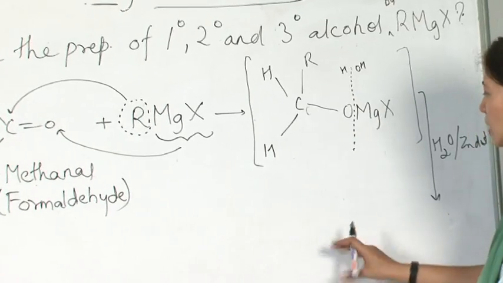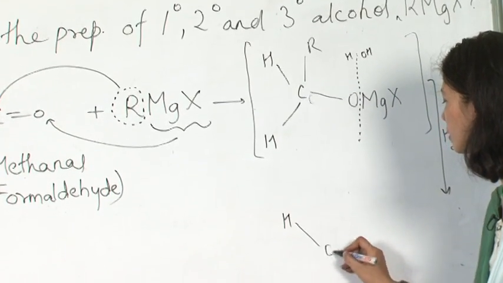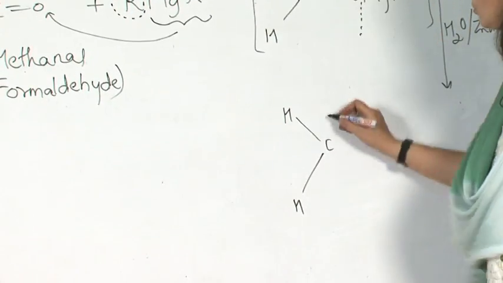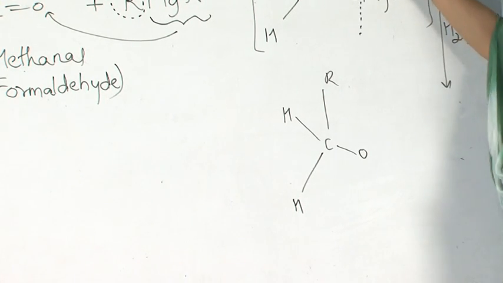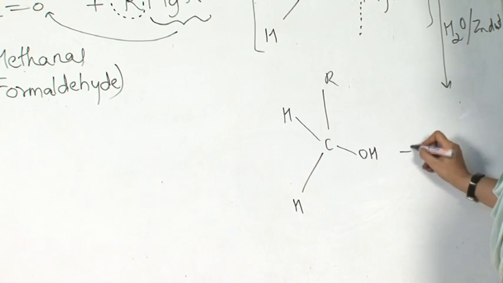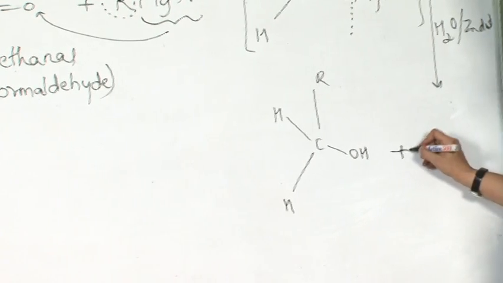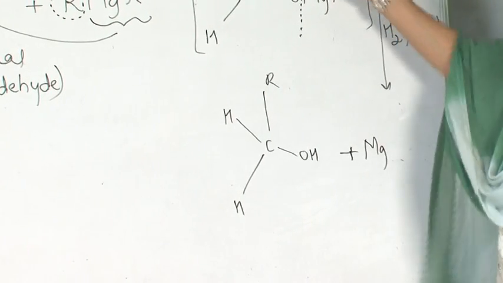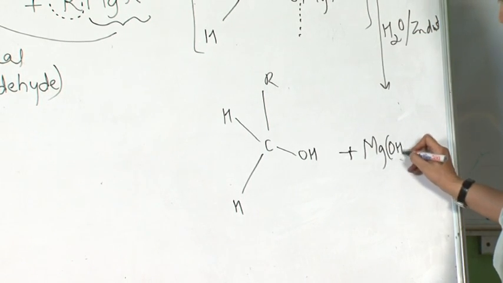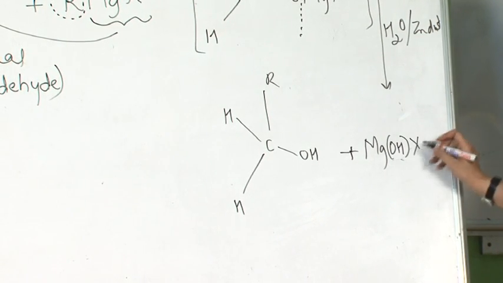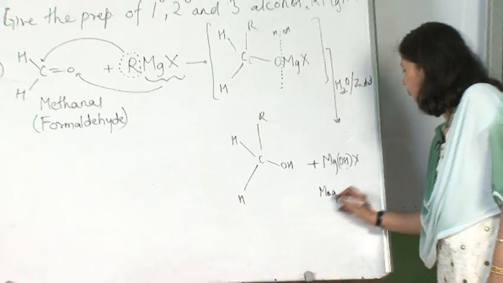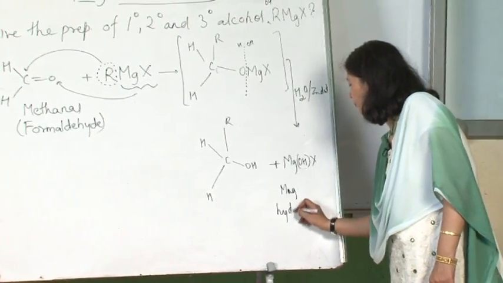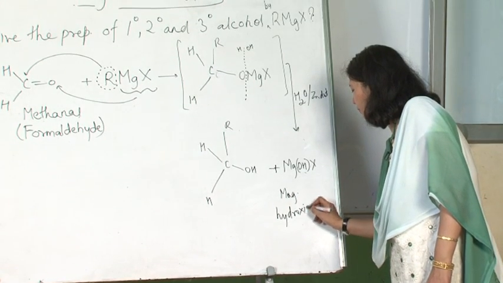I am just drawing the structure as it is: H, C, H, on the top here R, oxygen is left here, and to the oxygen, this H. And the byproduct, Mg, I am putting Mg and the OH part inside bracket, and X. The name of this compound is magnesium hydroxy and whatever is the halide.